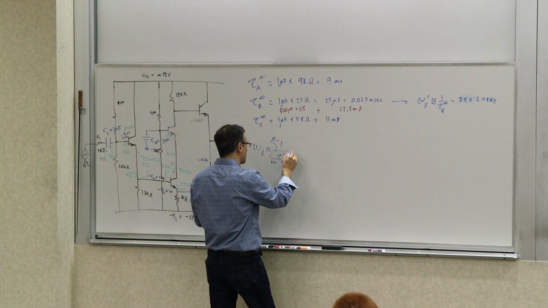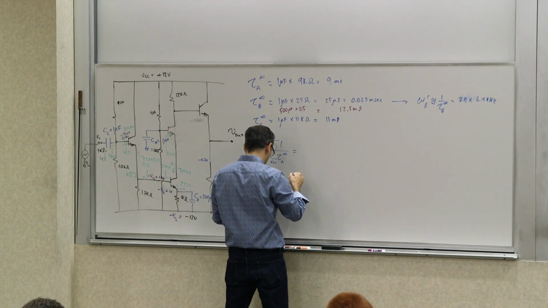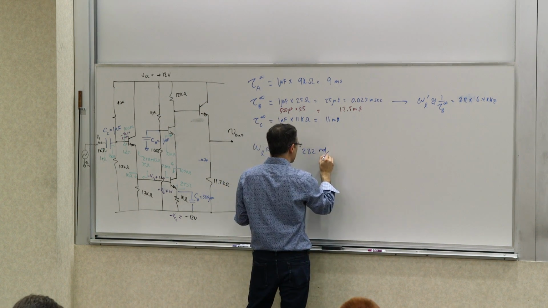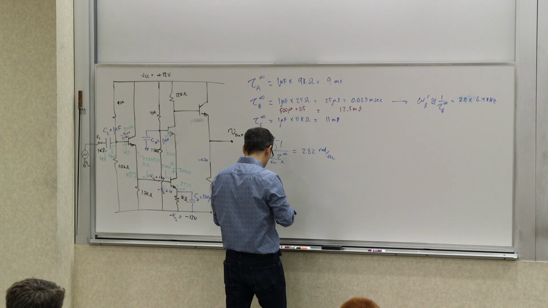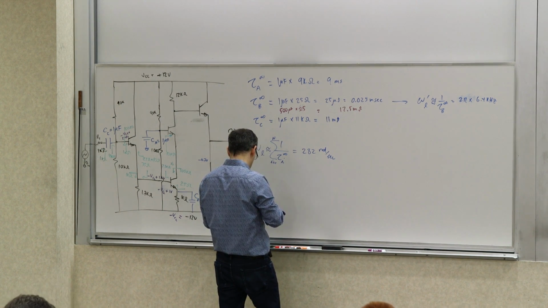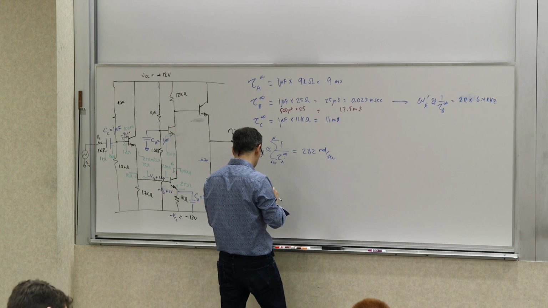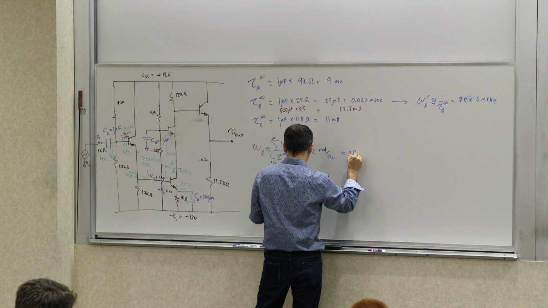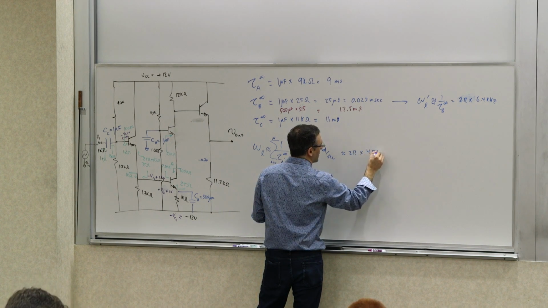So for the new modified sum, it is going to be 282 radians per second. And you can get that and divide that by 2 pi. And you get basically 2 pi times 45 hertz.